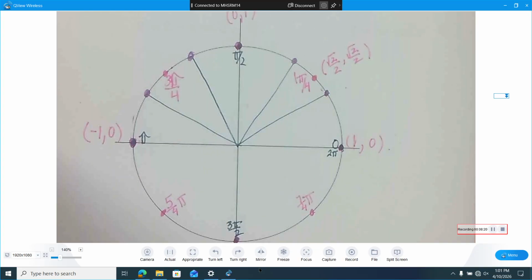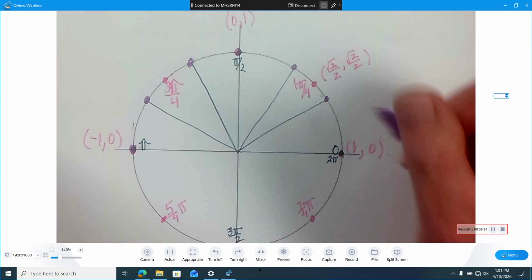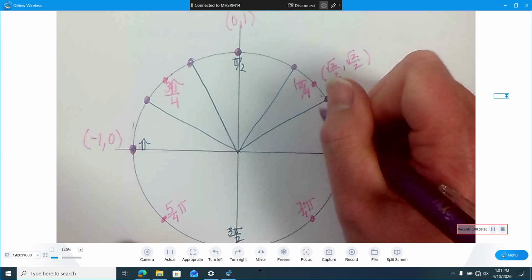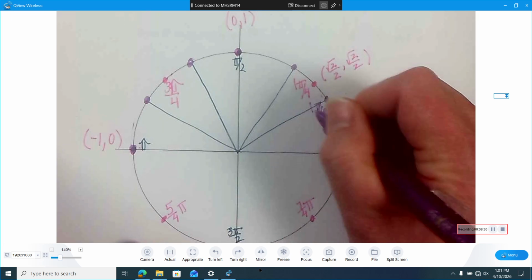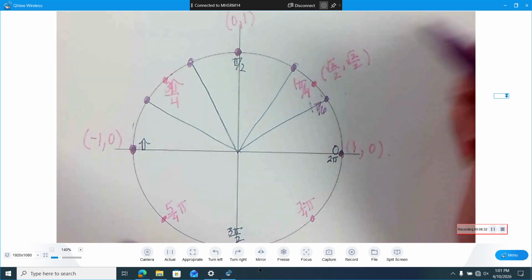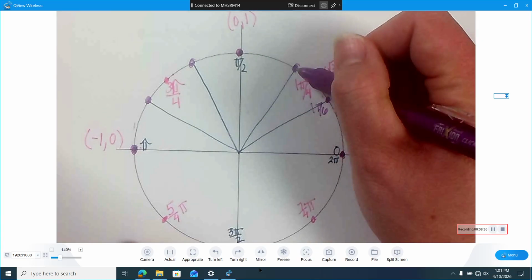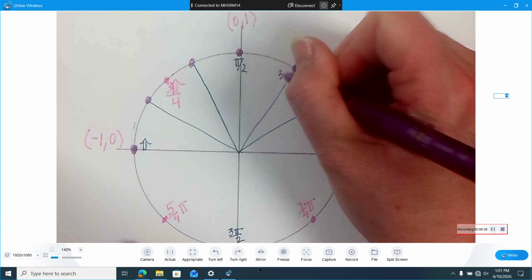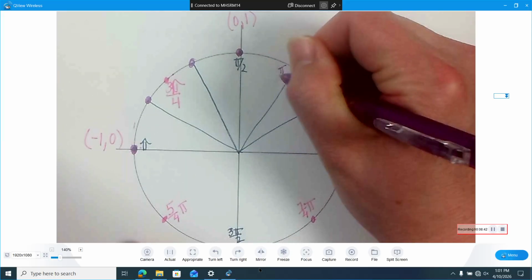So I have 6 purple dots there, which means I took pi and I divided it into 6. So this is pi over 6. 1 pi over 6. What's this purple dot? 2 pi over 6, which is pi over 3.